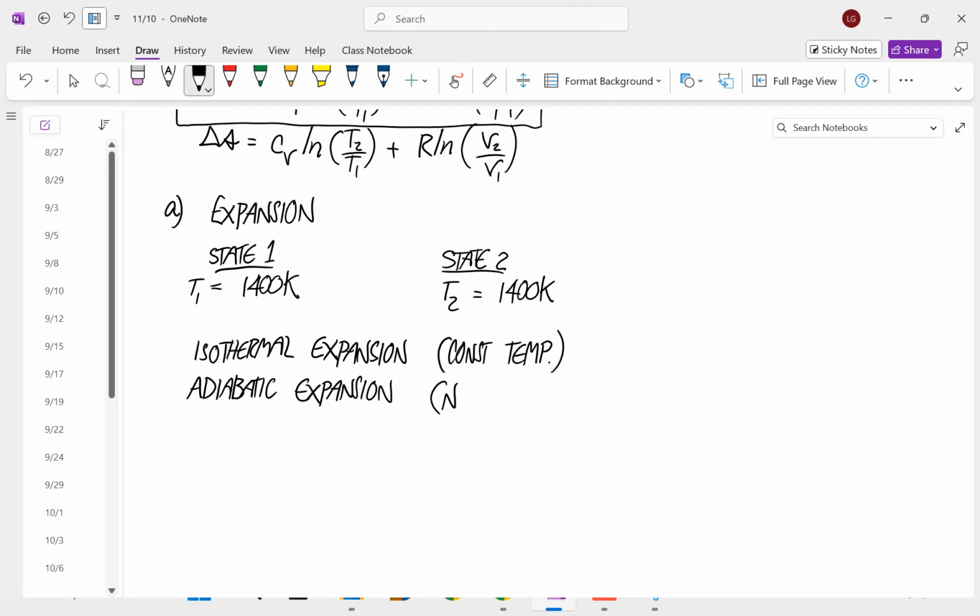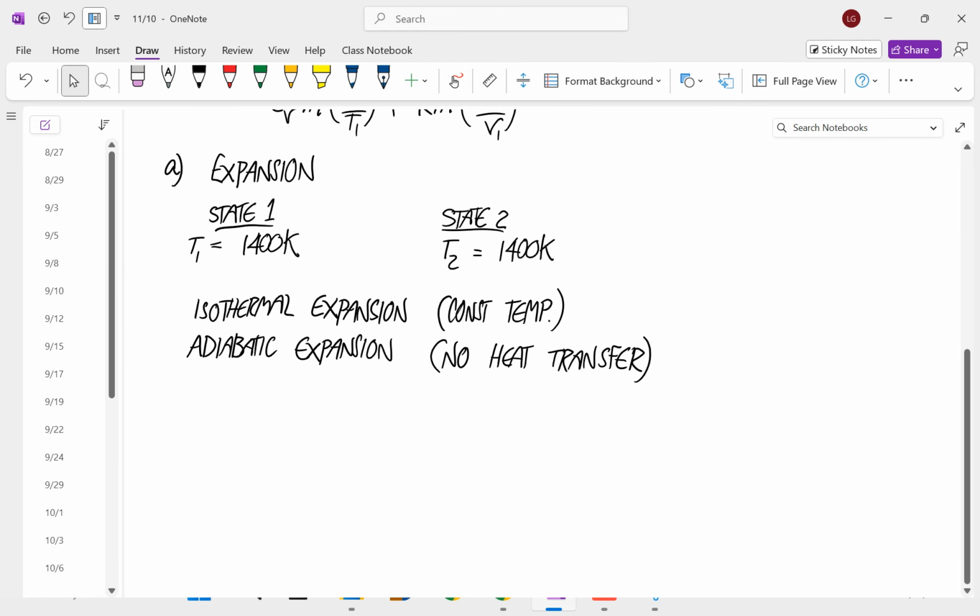That means no heat transfer. Then there is an isothermal compression.